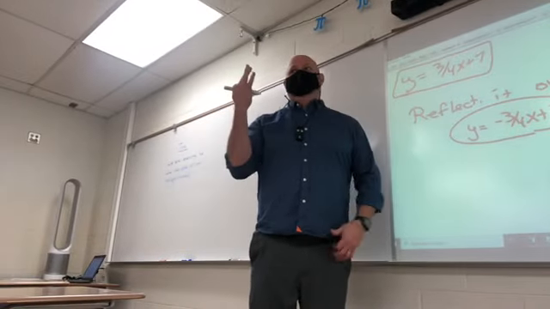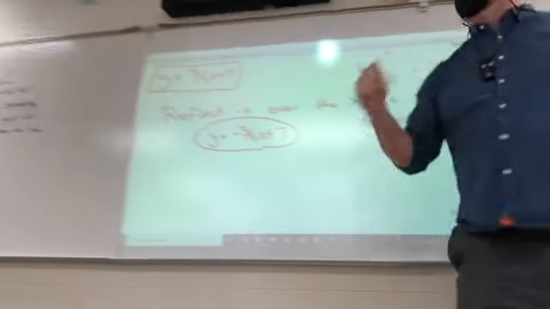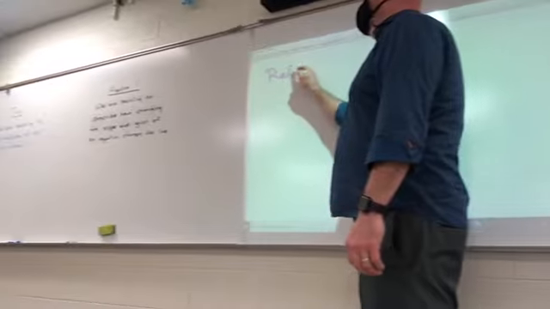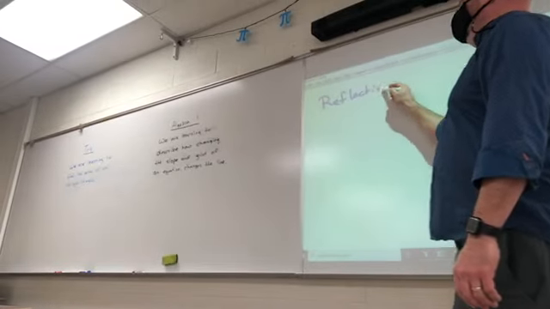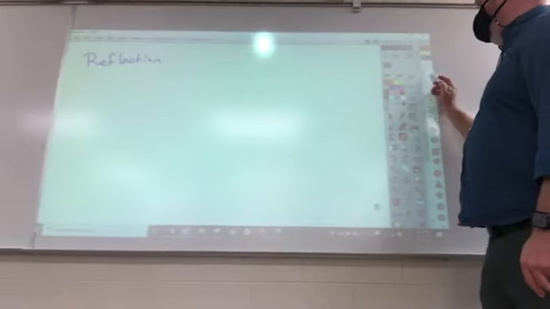We're going to do 3 types. There's 3 types of translations we're going to talk about. One is a reflection, which we already kind of talked about. What is another way that I could take a line?